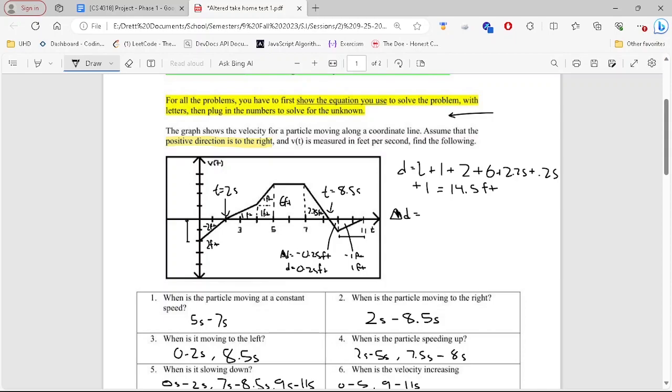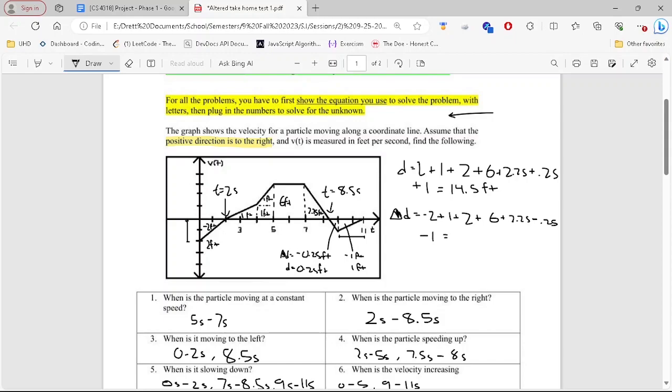Okay, so what about its displacement? Its displacement is going to be equal to the sum of its displacements. So we have negative for this first one, so negative 2 is its displacement. 1 plus 1 plus 2, which is this part, plus 6 plus 2.25 minus 0.25 minus 1.